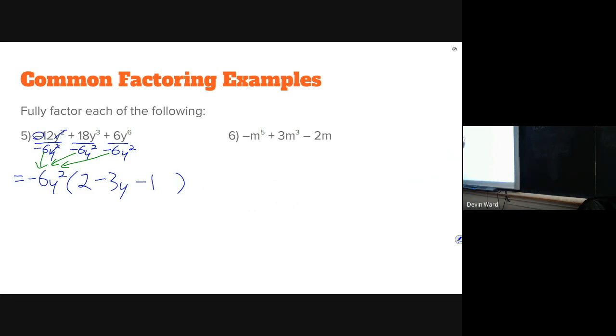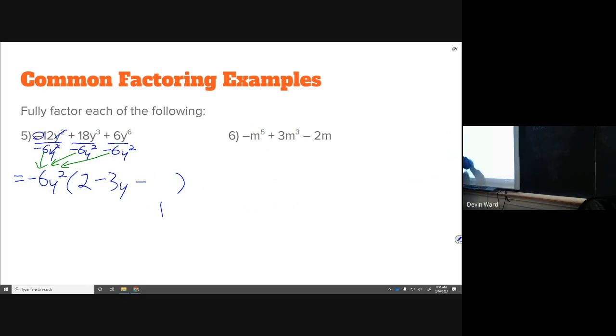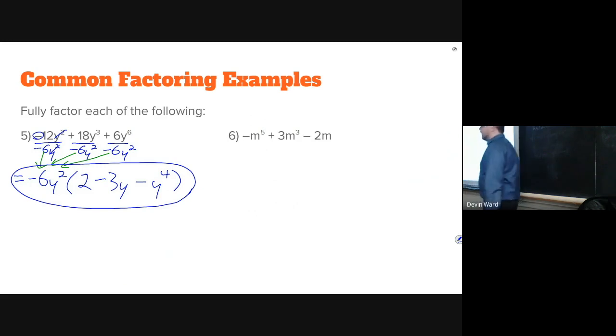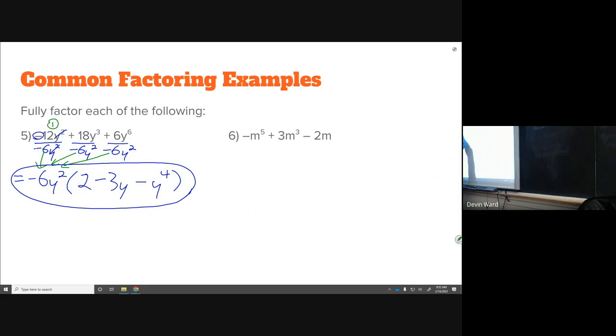So we're going to do 6 minus 2. Y to the 4. Perfect. So I'm just going to get rid of the 1 and just leave that as y to the power of 4. Okay? And that's our final answer. So remember, we have 1, 2, 3 terms to start, and we end with 1, 2, 3.